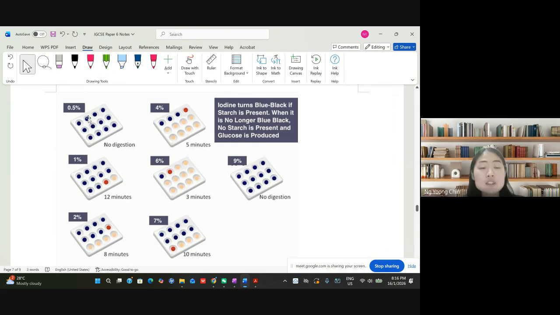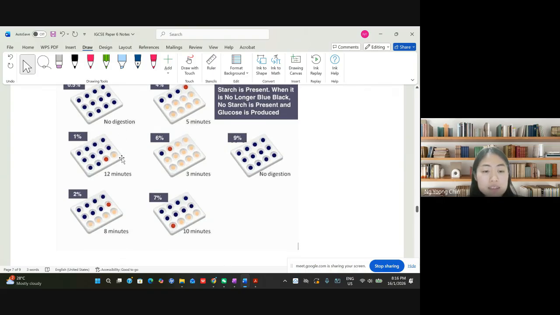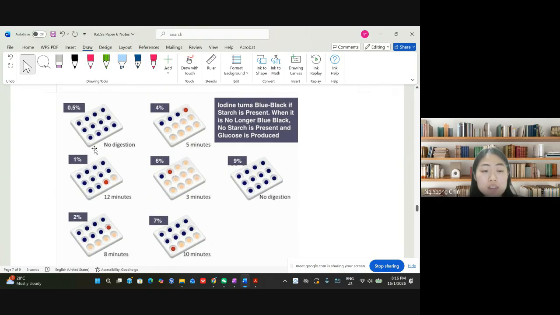You can see initially when you just drop the iodine into the solutions, the iodine just changes to blue-black, because there is no digestion yet. This is a different concentration also: these are the 1%, 2%.